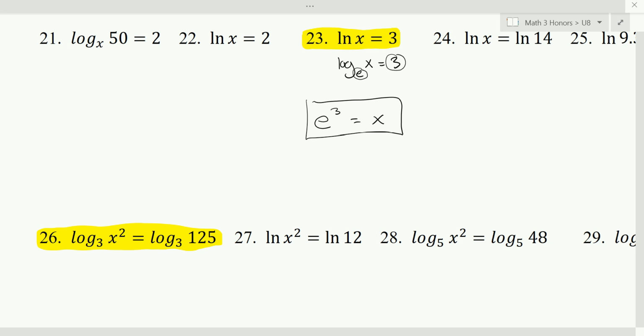The idea is if I have one log on each side of the equation with the same base, then the arguments must be the same. I have a log base 3 here, and I have a log base 3 here, so my x squared must match my 125. And so I can, in a sense, just drop the log.